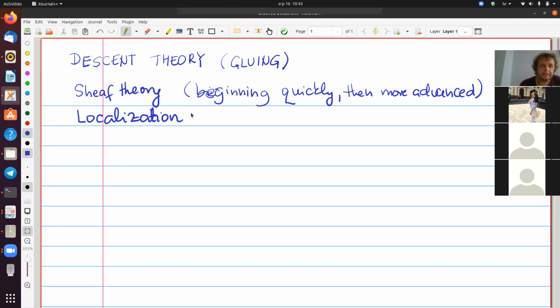Localization is a topic. Probably most of you are toward differential geometry, but if some of you are in algebraic geometry, then you know that in algebraic geometry you introduce the so-called Zariski topology. In the Zariski topology, you invert certain elements in a ring and construct open sets of the so-called spectrum of a ring.